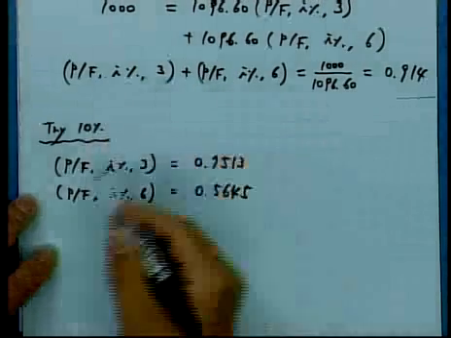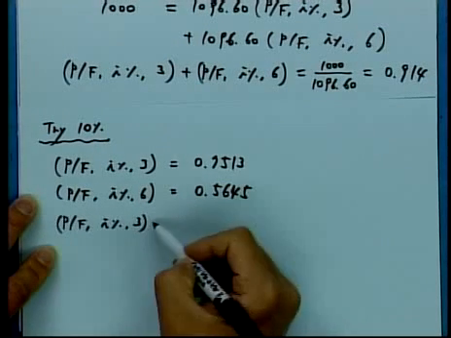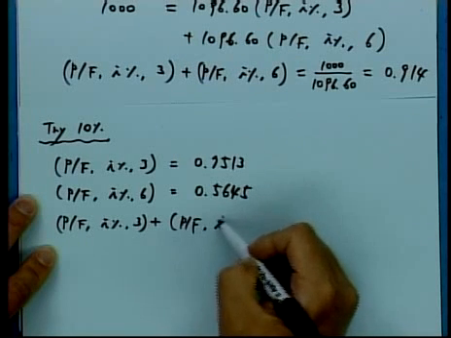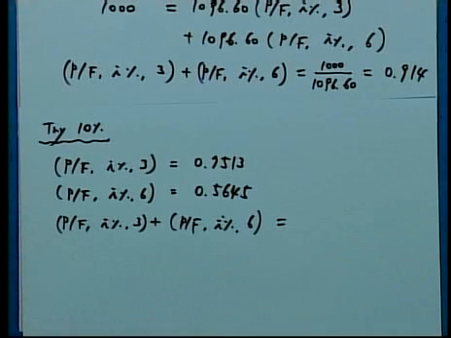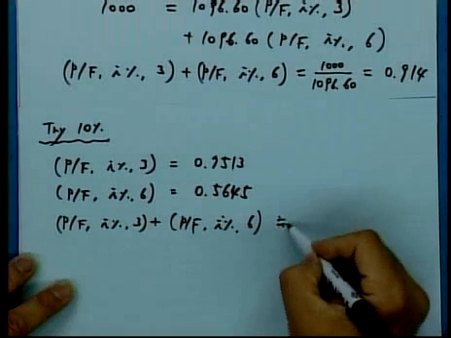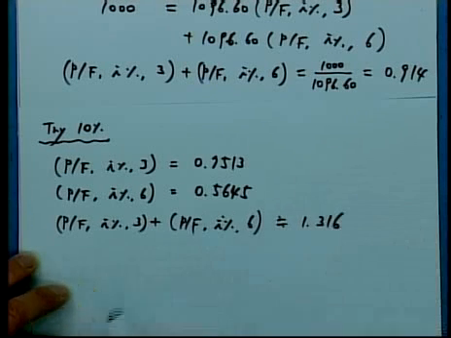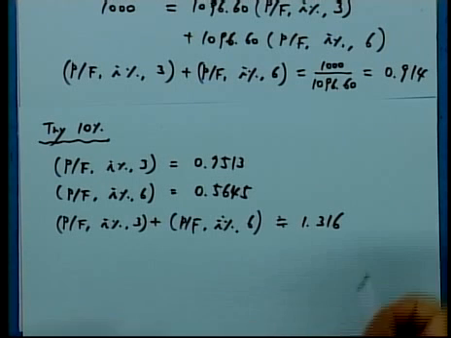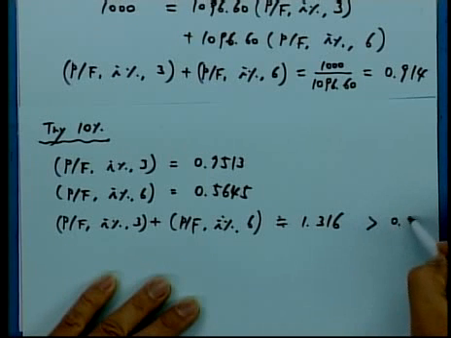So this value, P given F I% over 3 periods plus P given F I% over 6 periods, how much is this? It's going to be approximately 1.316, something like that, right? And this value is a lot larger than this value, right? 0.914.